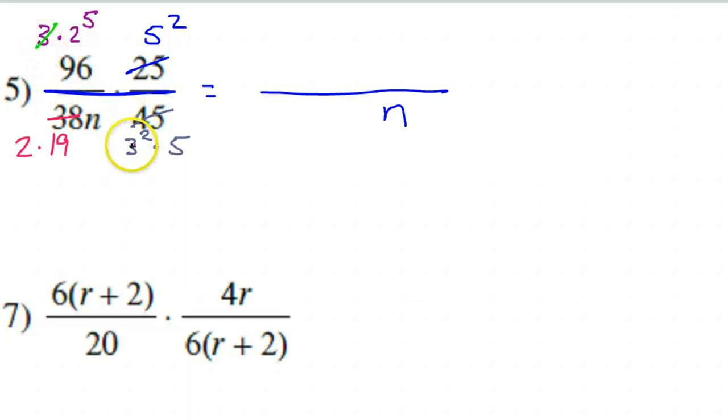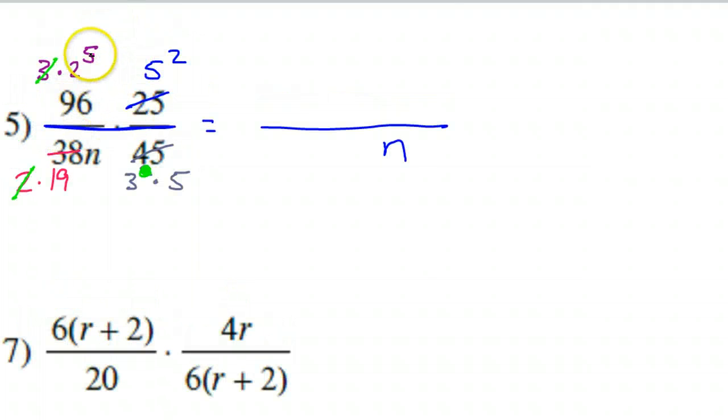So this 3 is going to cancel out one of these 3's, and that's just going to leave behind the 1 3 left. Okay, so that's it for 3's. What about 2's? I've got 5 2's in the numerator, 2 to the 5th power. Down here I've just got the 1 2. So this 2 is going to cancel out one of these 2's. And so that'll leave 2 to the 4th power.